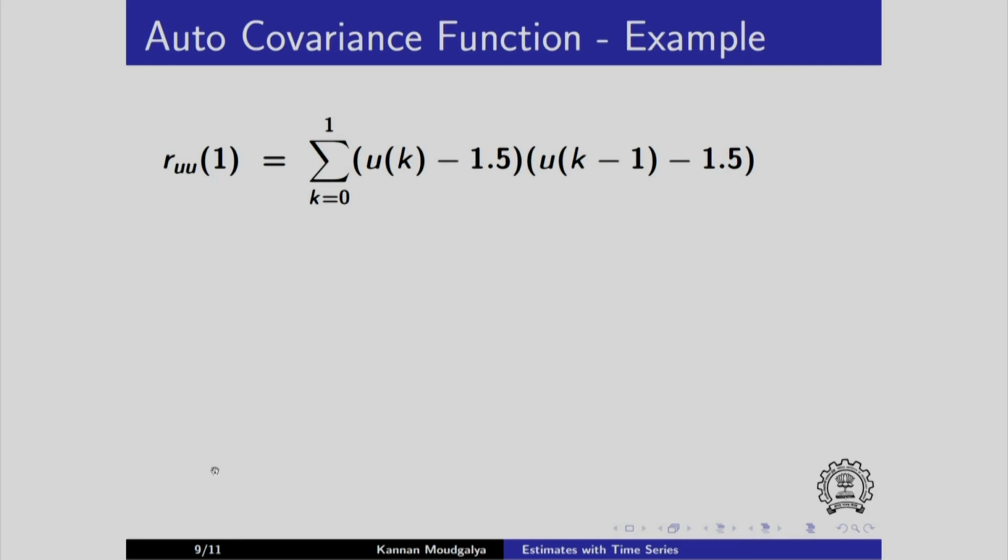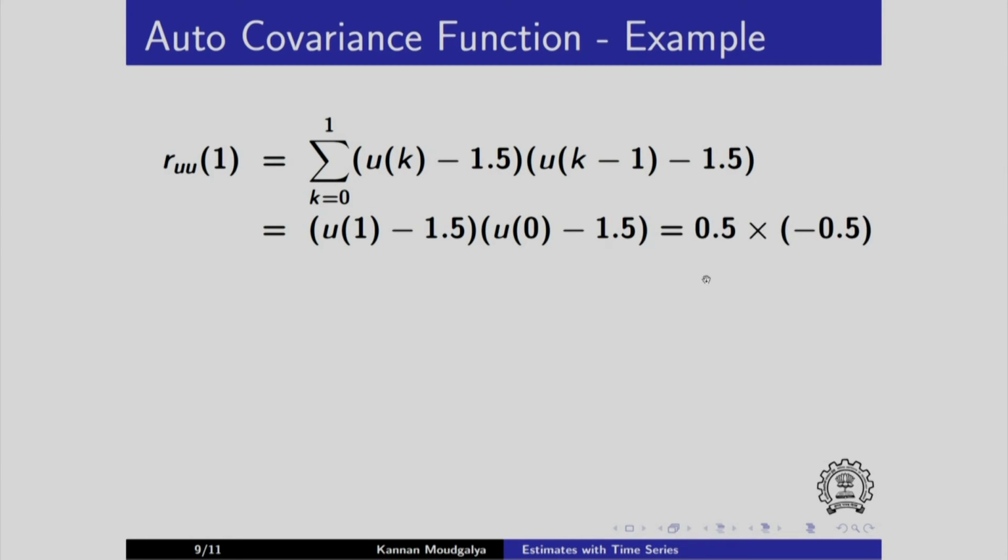So let us take up r uu of 1. The formula remains the same, except that now we have to substitute k equals 0 and 1. When you substitute k equals 0, it becomes u of minus 1, which is 0, so you do not have to consider that. We have to consider only k equals 1, and when I substitute k equals 1, I get this expression, and it becomes minus 0.25. I would want you to verify this.